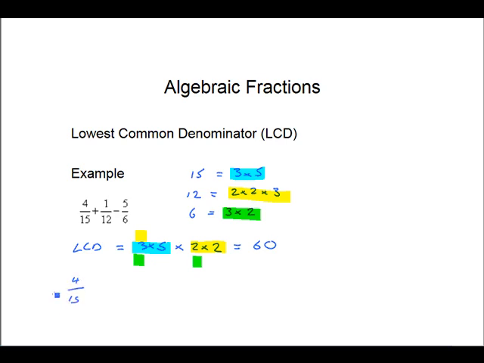So what we can do now, if you want to add these fractions together, is make sure everything's under 60. Keep on working our way through it. The last one, top and bottom by 10. Keep on working through it. 16 plus 5 over 60 minus 50 over 60.